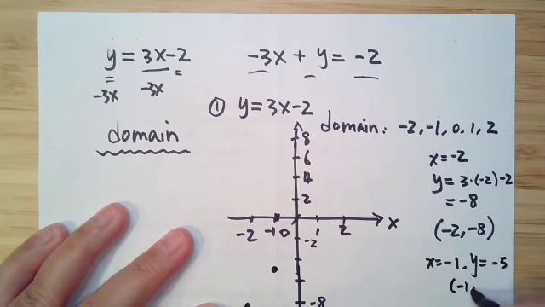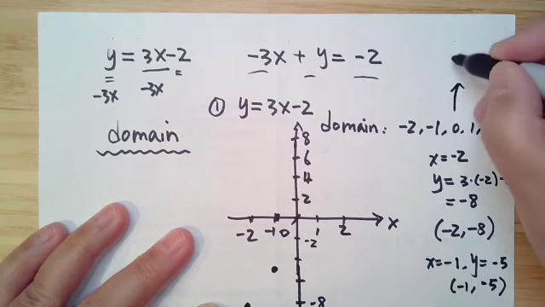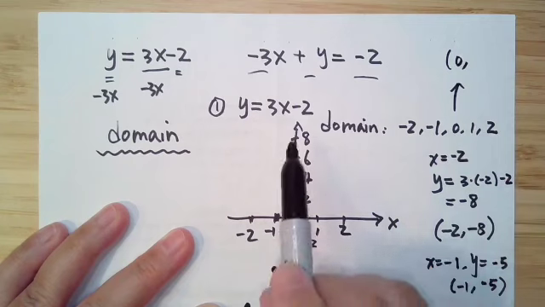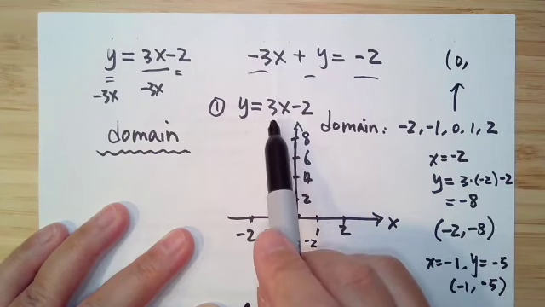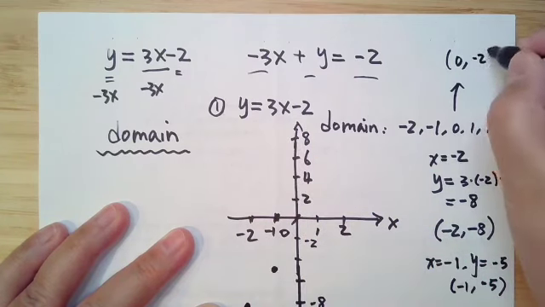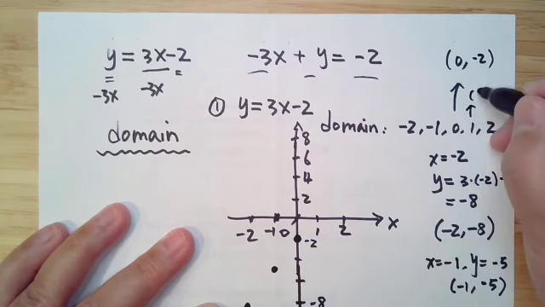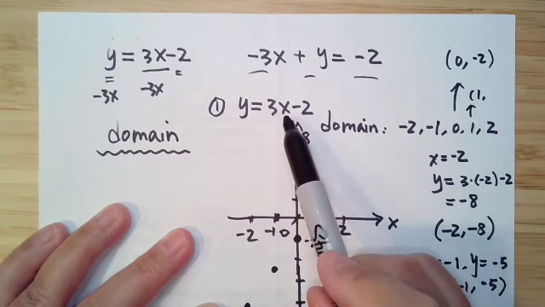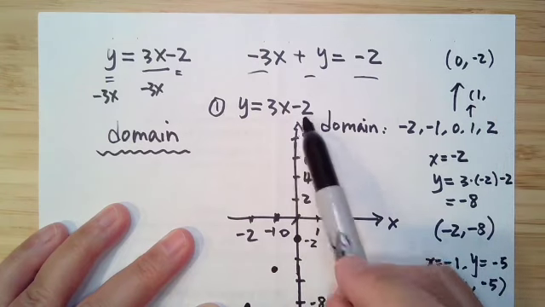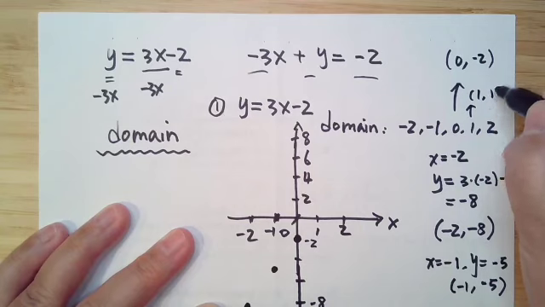So I have negative 1 and negative 5. And when x equals 0, plugging in x equals 0 here, I get 3 times 0 minus 2. So I have this point, x equals 0, y equals negative 2. And for x equals 1, 3 times 1 minus 2 is 1.